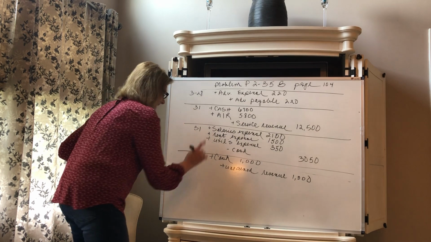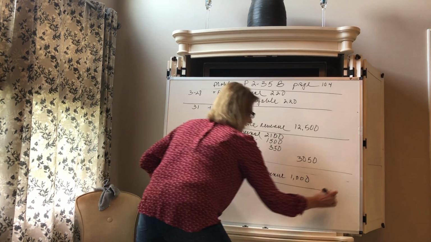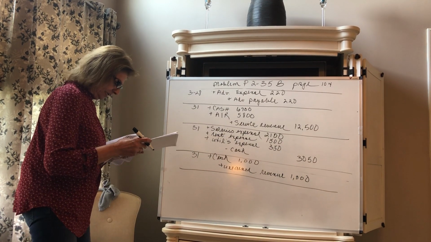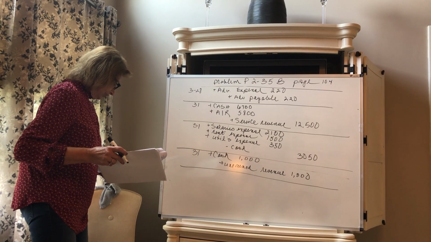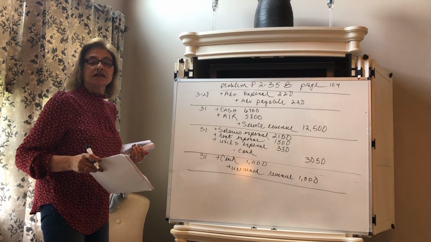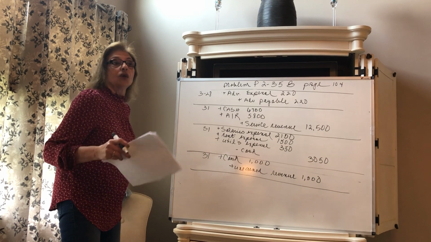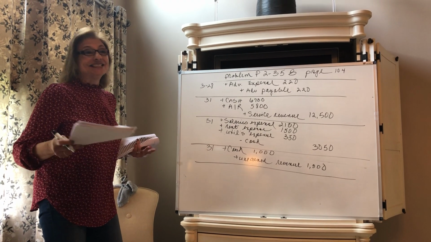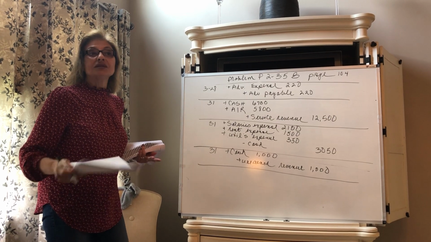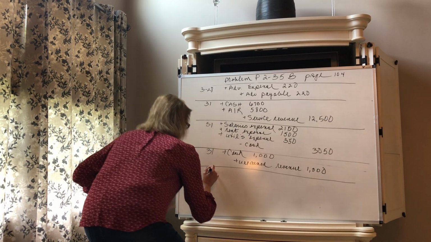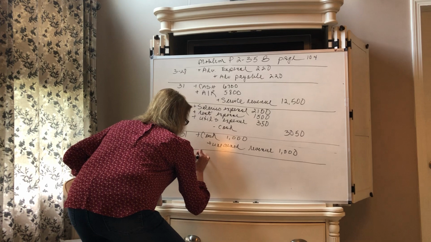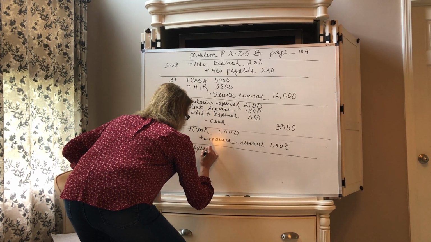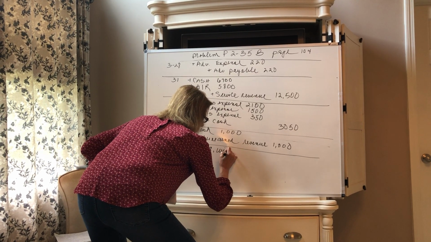Last problem. Last transaction. On the 31st, Yang withdrew cash of $7,100. This, I think, is always the easiest. Withdrawals, right? The D in dead, always increasing, always debited. So, Yang withdrawals is increasing by the amount that he took out.